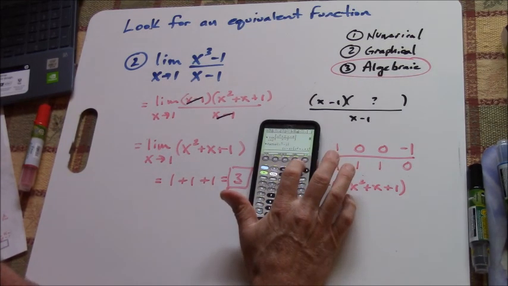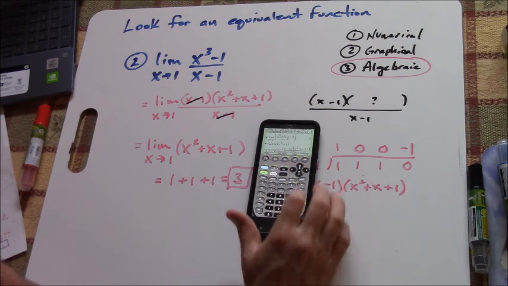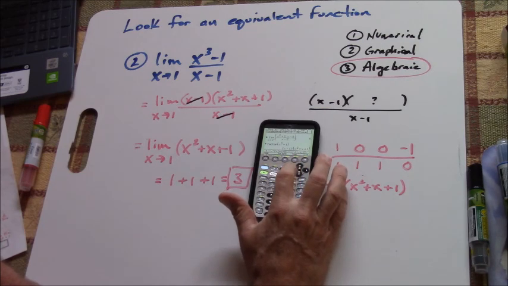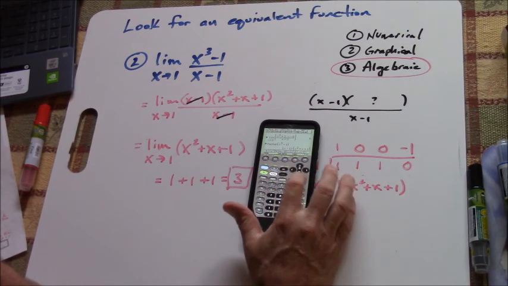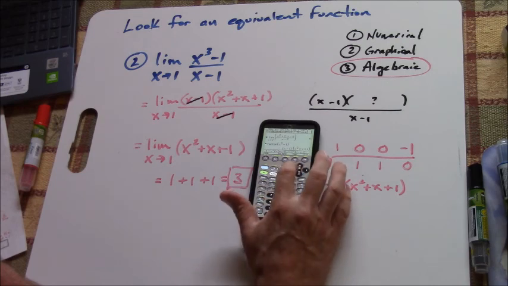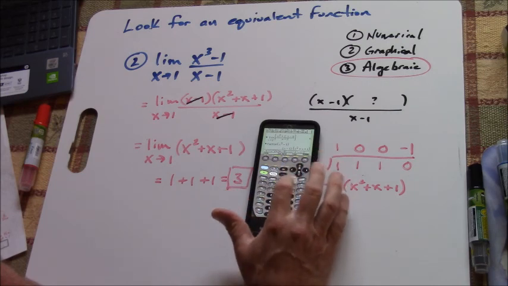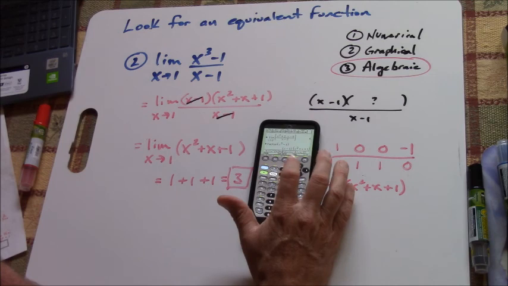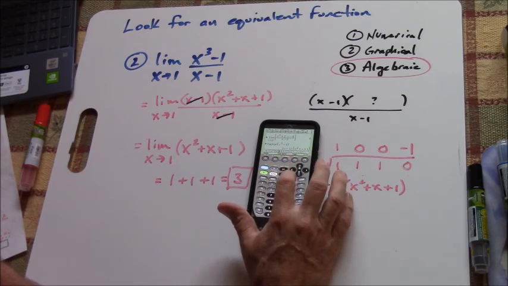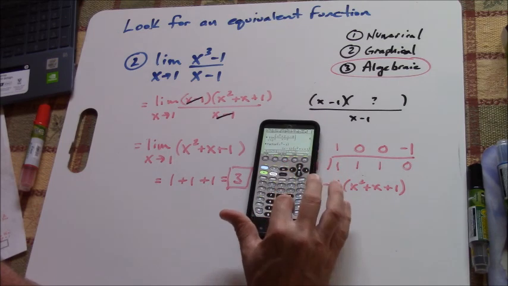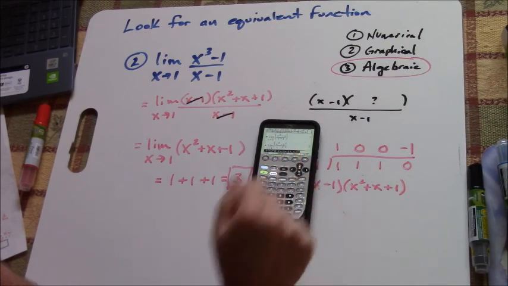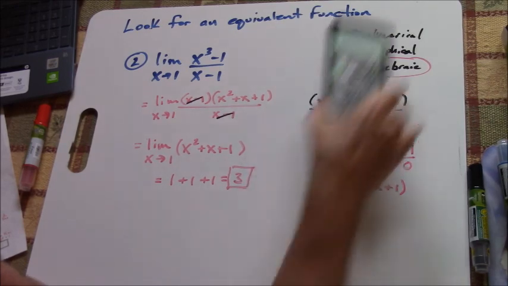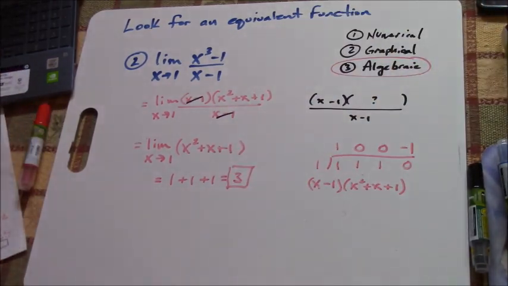I'm just going to go back up and get this right here and just do some editing. So this should be minus 1. And over here, this should be a 1. And then gone. That should be a 3. There we go. Answer is 3. All right, let's try another one.